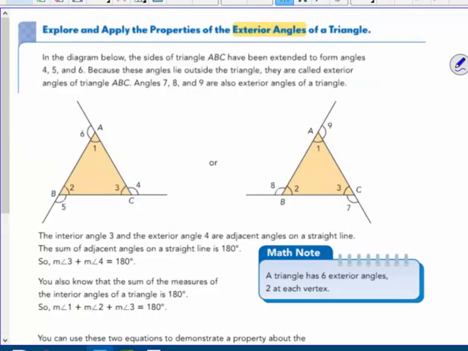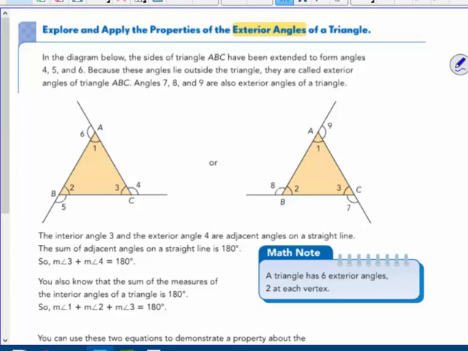Next page. Explore and apply the properties of exterior angles of a triangle. Now your picture looks a little bit different than what's in your notes because it also has angles 7, 8, and 9 as exterior angles of the triangle. The sides of the triangle have been extended to form angles 4, 5, 6, and 7, 8, and 9.